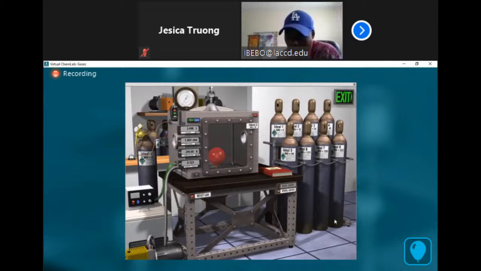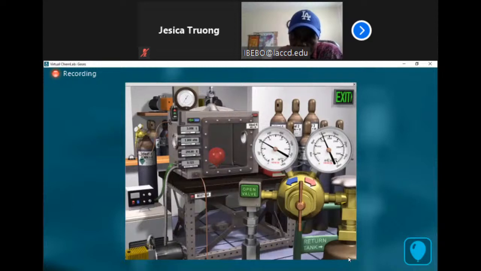Now you're going to add ideal gas 4, which is the 4th one there. You open the valve again and let ideal gas number 4 go into the balloon.